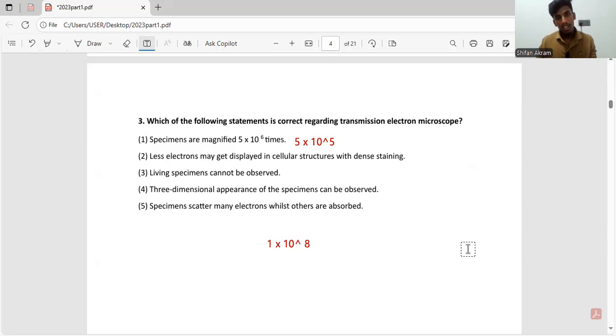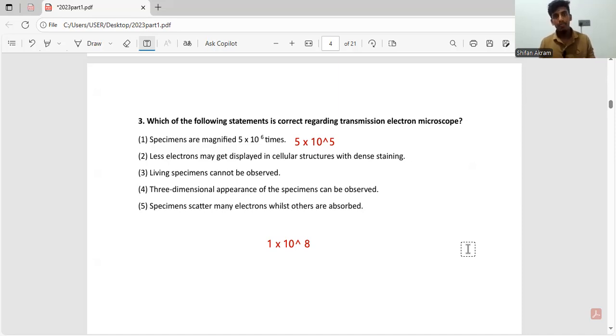Less electrons may get displayed in cellular structures with dense staining. Now we know in transmission electron microscope, we use heavy metals to stain the organelles. So we usually stain the mitochondria, the chloroplast, or the ribosome. So these are all organelles, and we stain them.